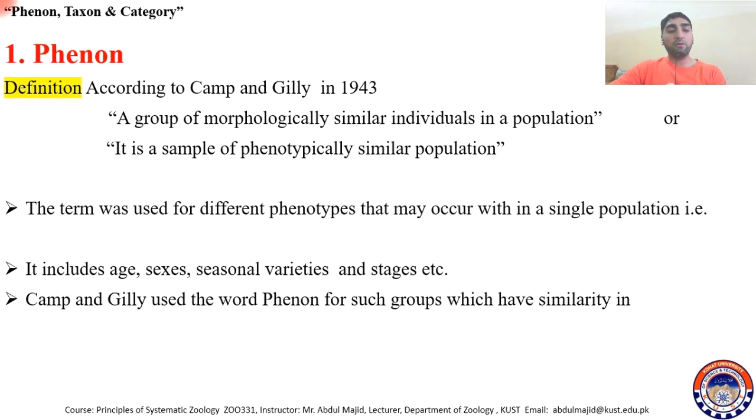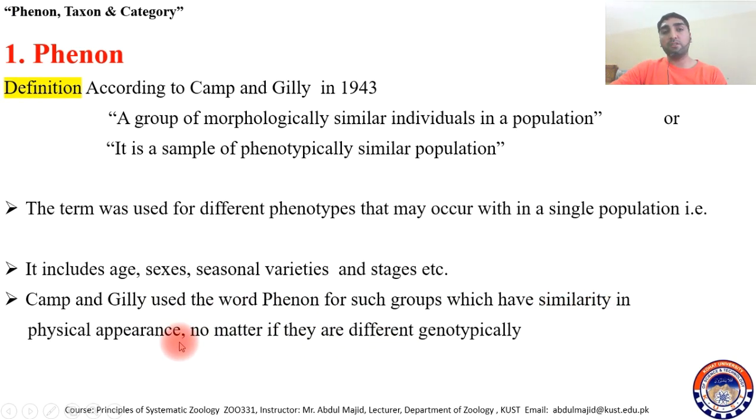Kemp and Gilly use the word phenon for such a group which has similarity in physical appearance. No matter if they are different genotypically, we don't go into the detail of the genetics. If they are genetically different, it's okay. It doesn't matter. The actual thing is their physical appearance.